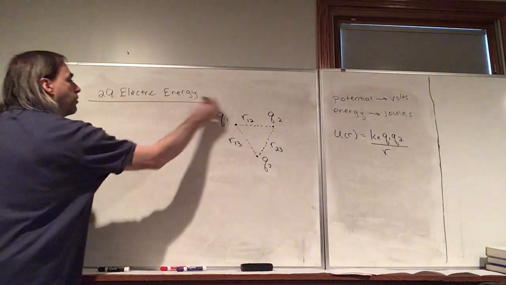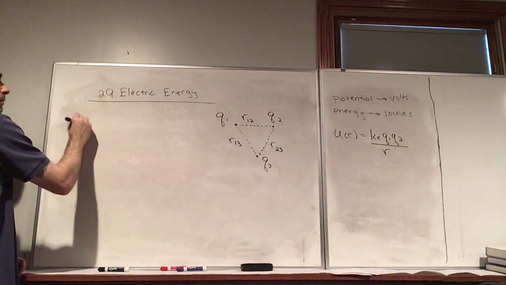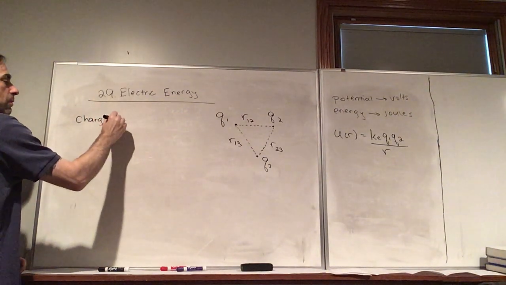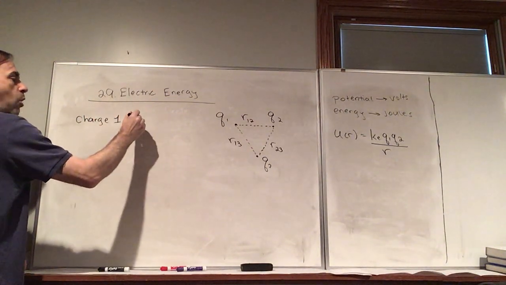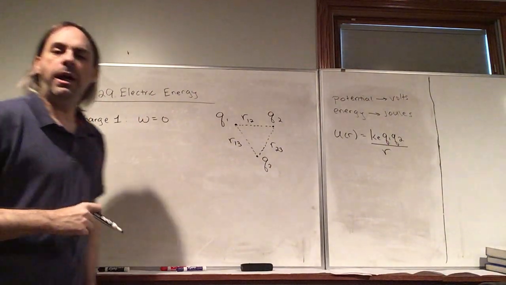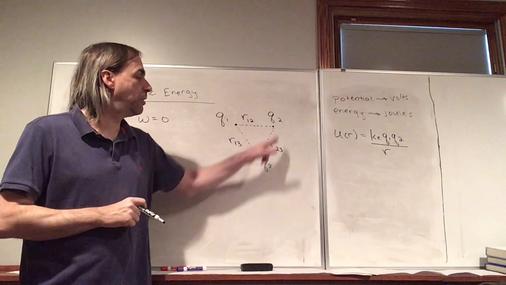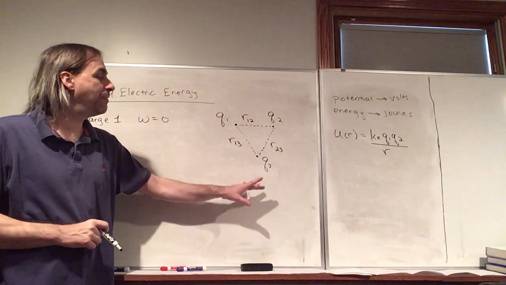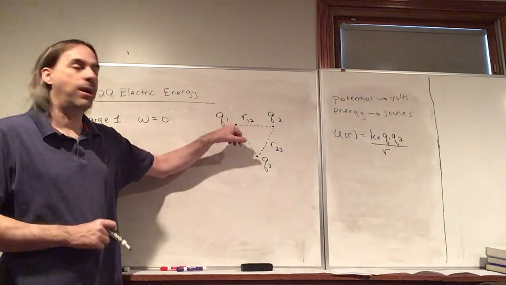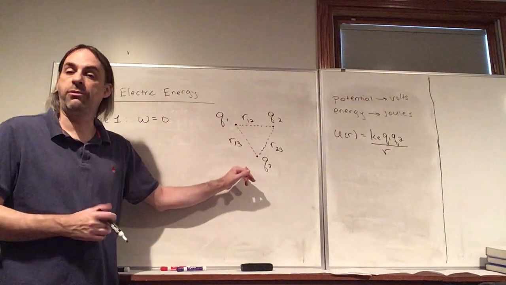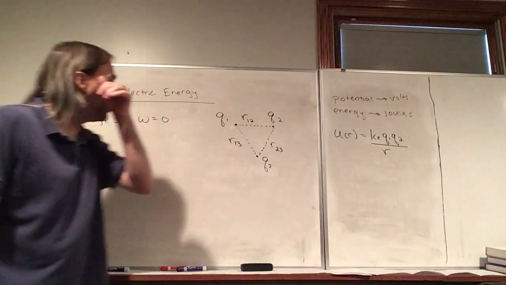So we'll start out just looking at charge 1. The work that we'd have to put into it is 0, because charges 2 and 3 are still nowhere near this board. They're very far away, so even when Q1 is over here, it's not going to be interacting with Q2 and Q3 in any significant way.